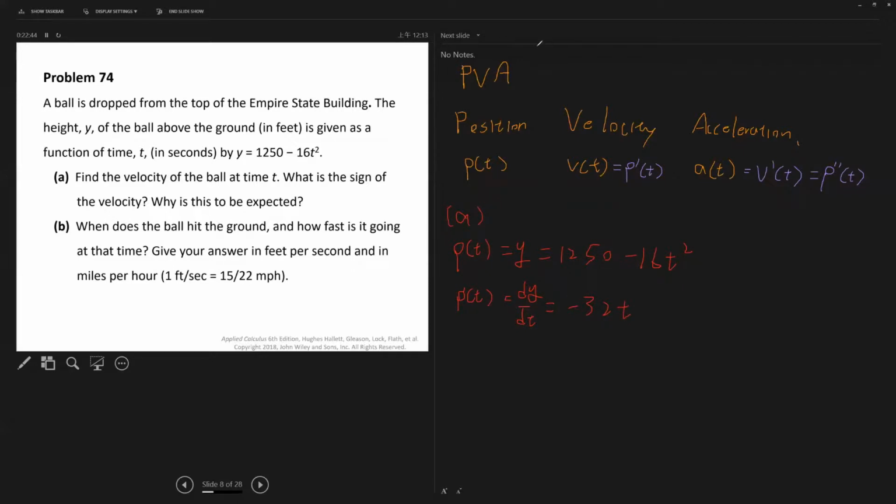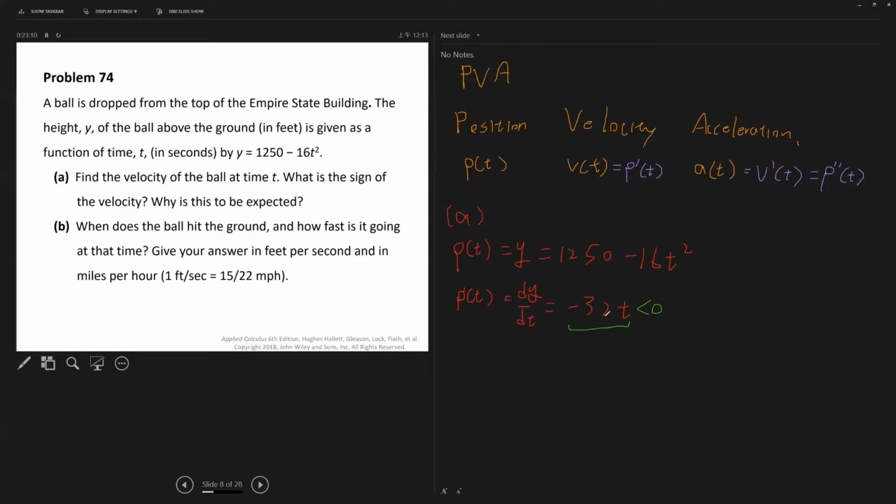Let's answer the rest of the question. What is the sign of the velocity? Negative 32 times t, and t is time. Time is always positive, so this whole thing is negative. Why is this expected? A negative velocity means it's going in the opposite direction of positive.